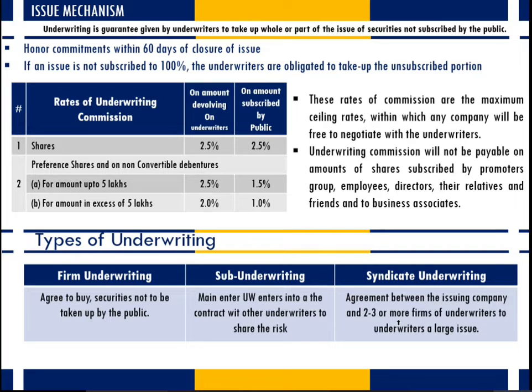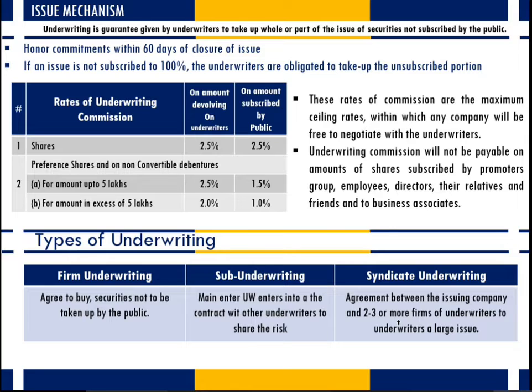So in this case, what will underwriters get? Underwriters will get their commission because they agreed in the beginning itself to do underwriting in case there is any risk in the future. But now there is no risk because you have 10,000 applications for just 100 shares. So we don't need underwriters, right?